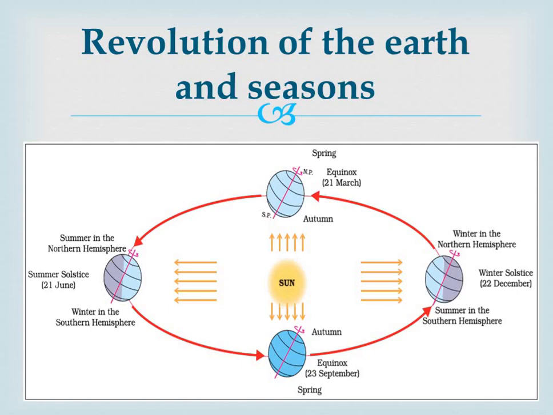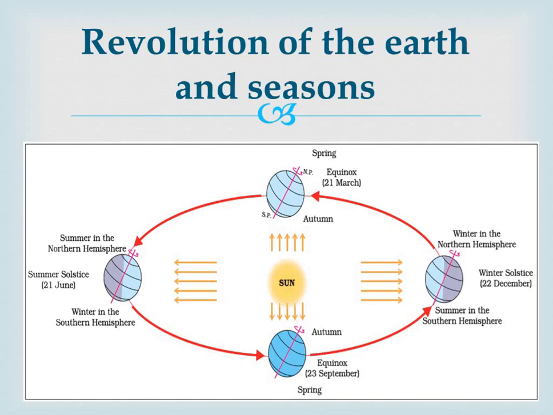Its meaning is equi, that comes from equal. In both positions, the sun rays fall directly on the equator, and that's why the complete earth receives equal heat, and there are equal days and equal nights in both hemispheres.